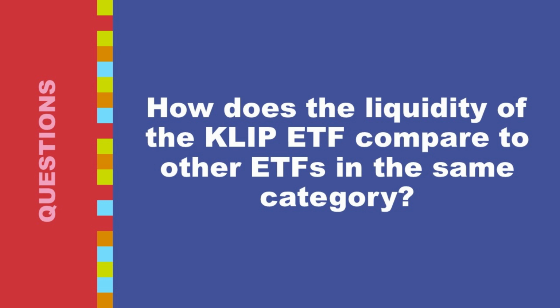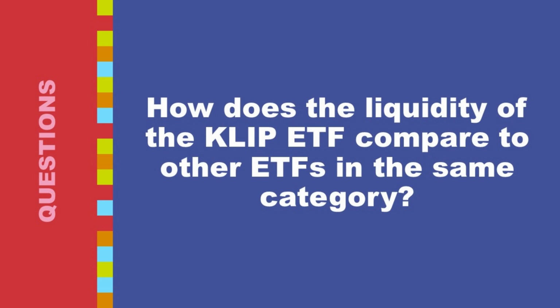ETFs generally benefit from market makers who help facilitate buying and selling, enhancing liquidity compared to individual stocks. However, the underlying holdings within KLIP can vary in liquidity. While the CSI Overseas China Internet Index targets companies on exchanges with good liquidity, there could be holdings with lower trading volume or market capitalization.